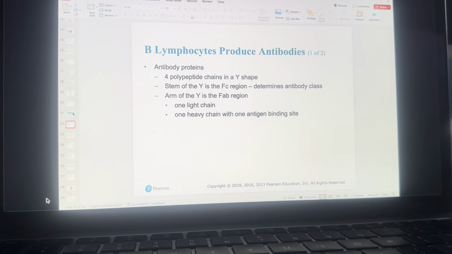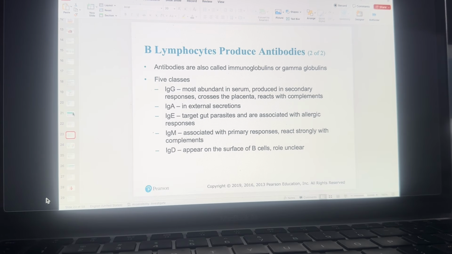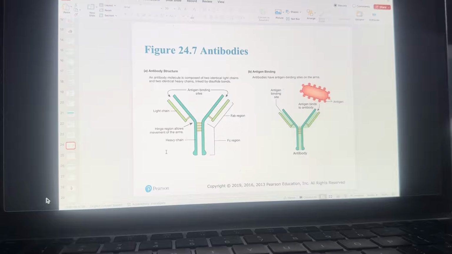Now, B cells, right? B lymphocytes, they produce antibodies, right? And antibodies are proteins that these cells can secrete out. There's how many classes? 1, 2, 3, 4, 5 different classes of antibodies. The typical structure of an antibody is like this Y structure. In this Y structure, you have a constant domain, this little handle here, that is always the same.